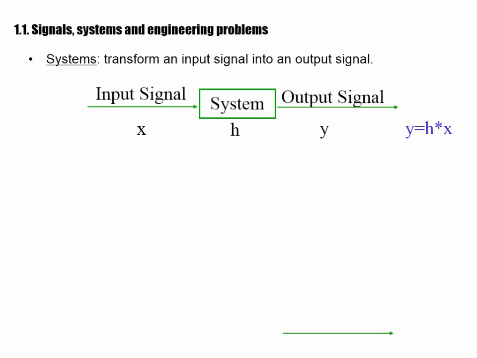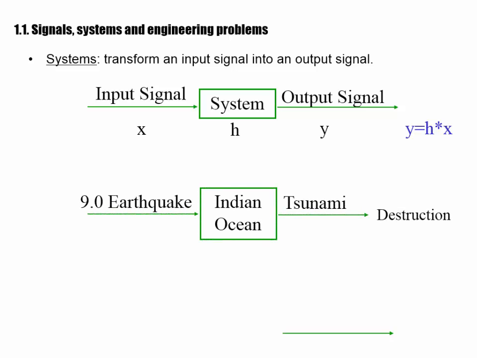Then we'll talk about systems that transform an input signal into an output signal. This is an engineering system that we are dealing with all the time. You have an input, you have a system, and you have an output, right? For example, in the Indian Ocean, you have a 9.8 magnitude earthquake, you get the tsunami, right?